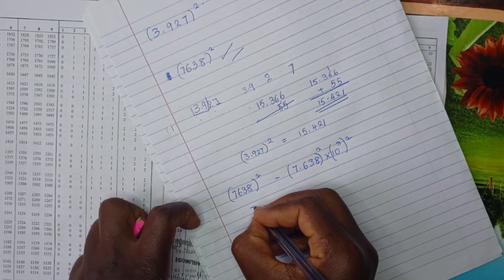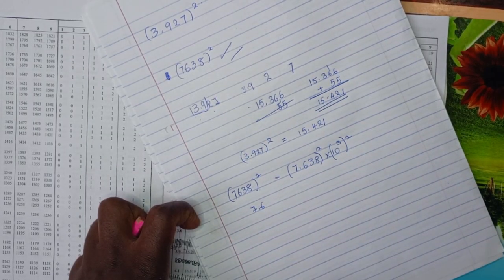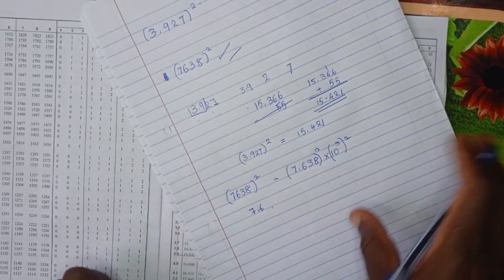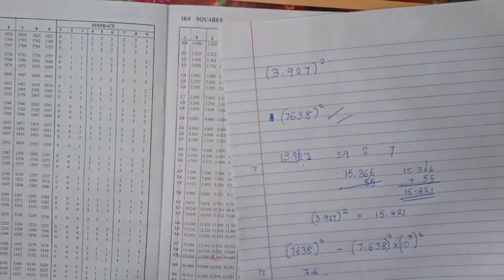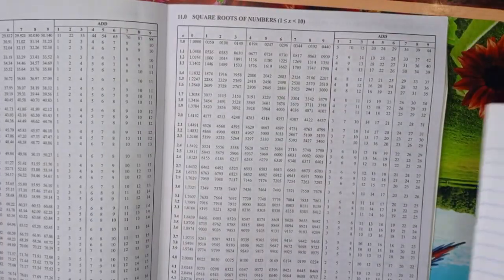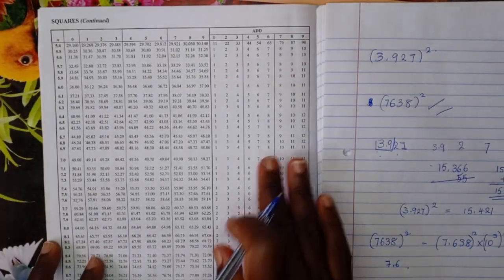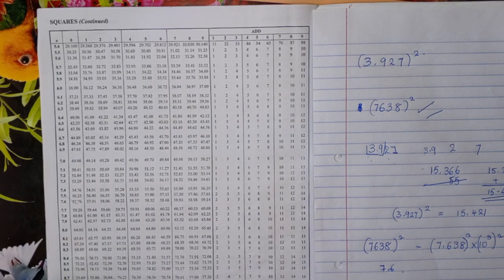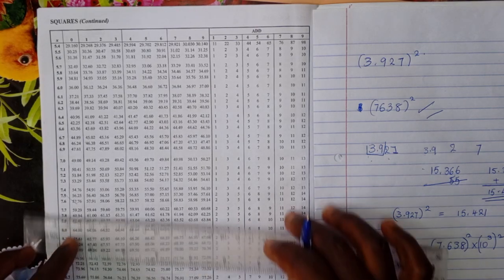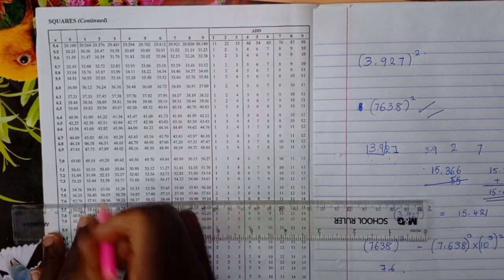So again, the same procedure. Find 7.6 from your math table. That is the first part. Let's see, it is not in this page, so we have to move to the next page. We have 7.6 here. So let me highlight it.